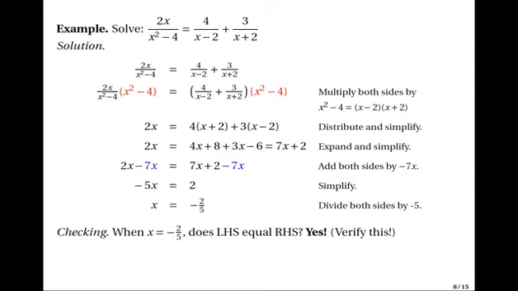So I leave the checking part to you. This is one of those times that you need to do the checking. Although the checking will be obvious, in a sense that you just don't want the denominators to be 0. Okay? Questions? Any questions?